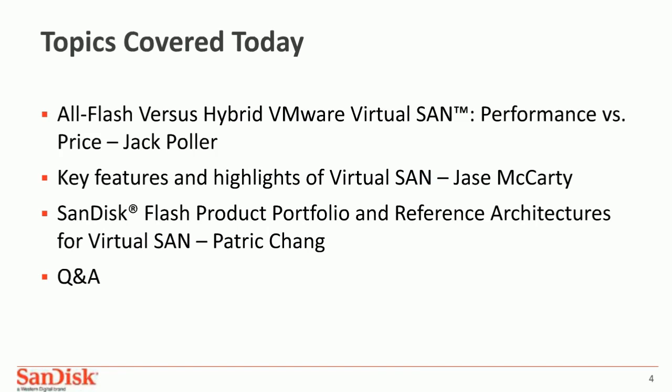But the objective of this particular study is to use exactly the same configuration, with the exception of the flash devices in one configuration and hybrid devices in another, and using a real-world application workload such as SQL Server. And Jack will share the result of that finding from ESG.